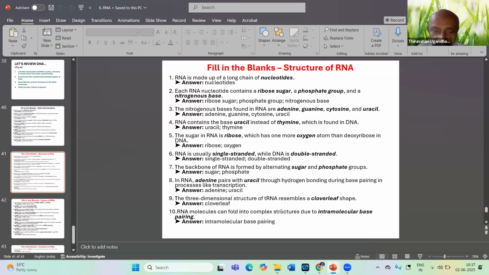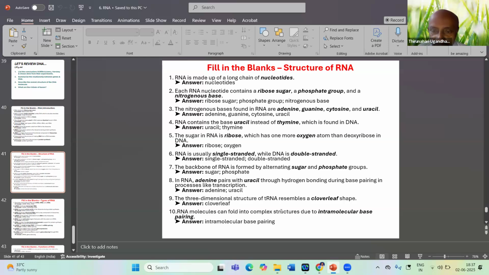In DNA, adenine pairs with thymine, but in RNA, adenine pairs with uracil, and guanine pairs with cytosine.